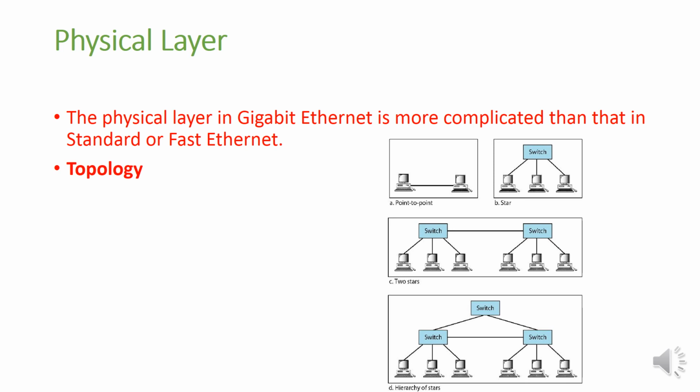We are using a set of topologies. Either the topology is point to point, star topology, two star, that is double star, or hierarchy of stars, that is a combination of star topologies. Depending upon the topology, it is more complicated than fast or standard Ethernet.